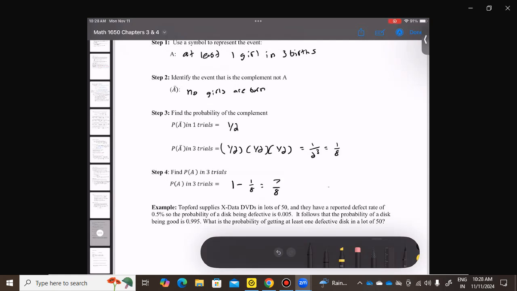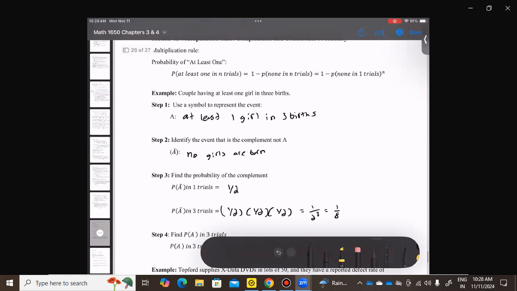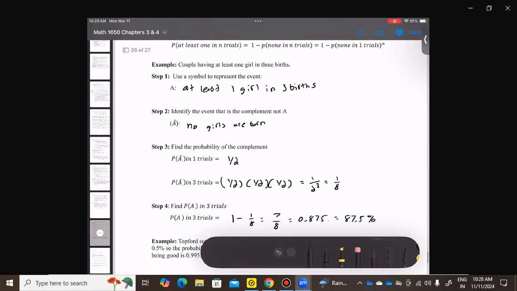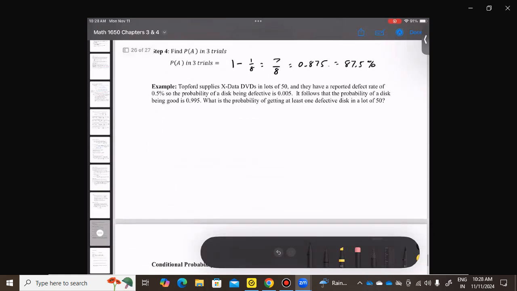Or we can write this as 0.875 or 87.5%. Alright, so the at least one in n trials is 1 minus the probability of none in n trials. And the probability of none in n trials is the probability for one trial raised to the n exponent.